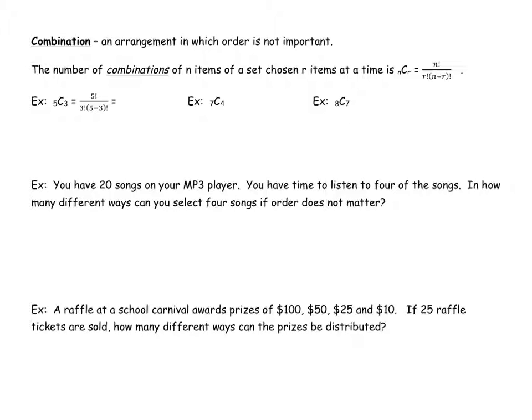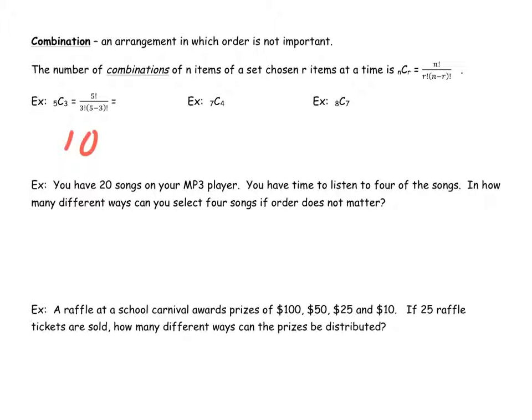So, as you can see, 5C3 is 5 factorial over 3 factorial times 5 minus 3 factorial. And we can again put this in our calculator. If you go back to that math prob screen, there is an nPr and an nCr button, so you can do it quickly there. Or you could actually calculate this out, 5 factorial divided by 3 factorial times 2 factorial, and you should get 10 for an answer.